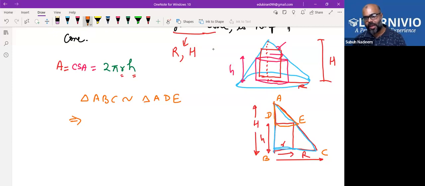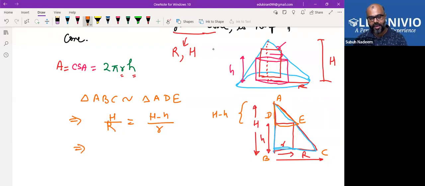So AB has height H and the radius is capital R. Similarly, for the smaller triangle ADE, the height is H minus h, because the remaining height will be H minus h, and the base is small r. So we can write it like this. Now we can take hr by capital R is equal to H minus h.